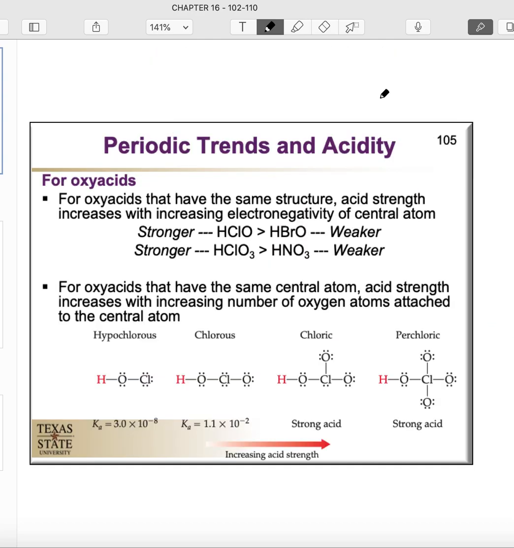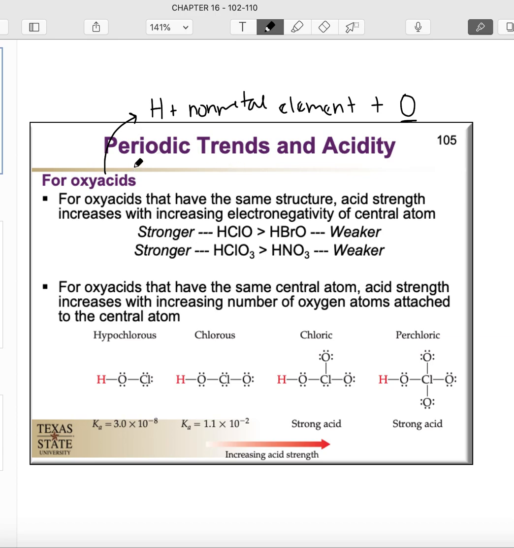The second set of rules is for oxyacids. Oxyacids are acids that contain hydrogen. They contain another nonmetal element, and they contain oxygen, which is what's different from the binary acids. The binary acids did not have oxygen.